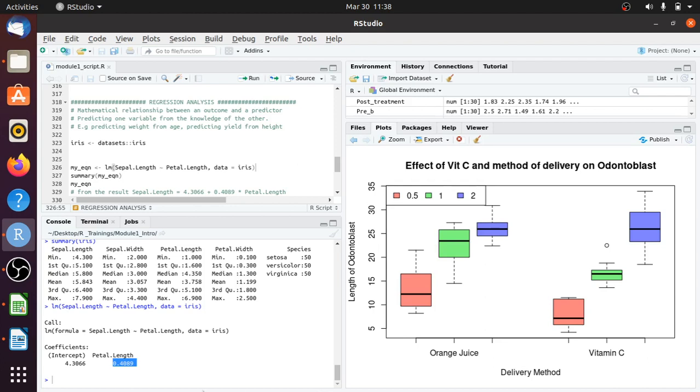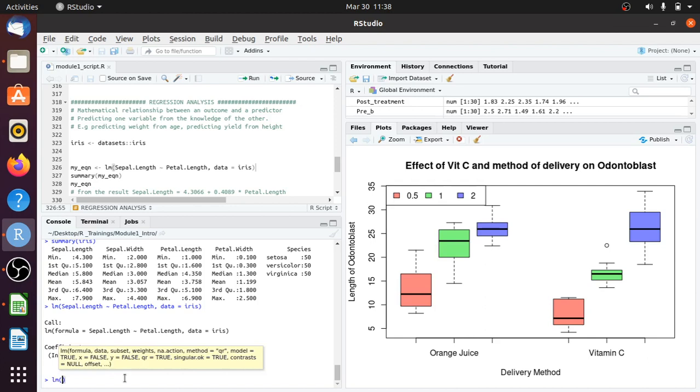Our slope is 0.4089, while the intercept is 4.3066.